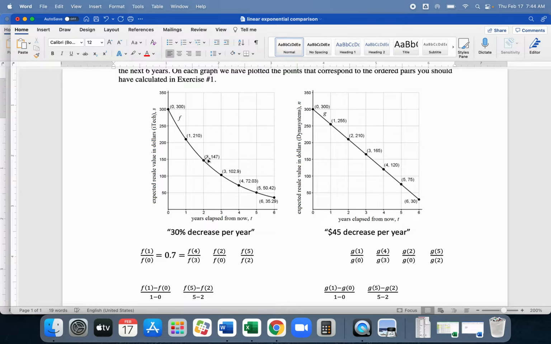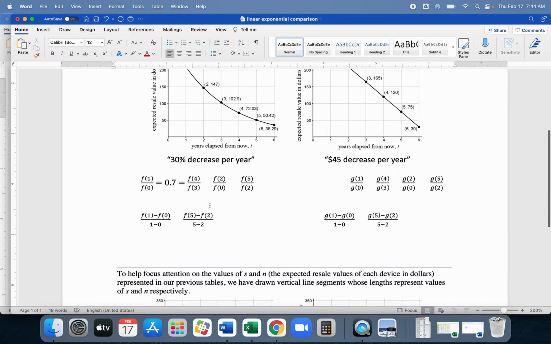Because of how order of operations works, if I take the f of 0 value and I multiply it by 0.7, I get f of 1. And so if I take that result and multiply it by 0.7, oops, typo, there we go, I get year 2's value.